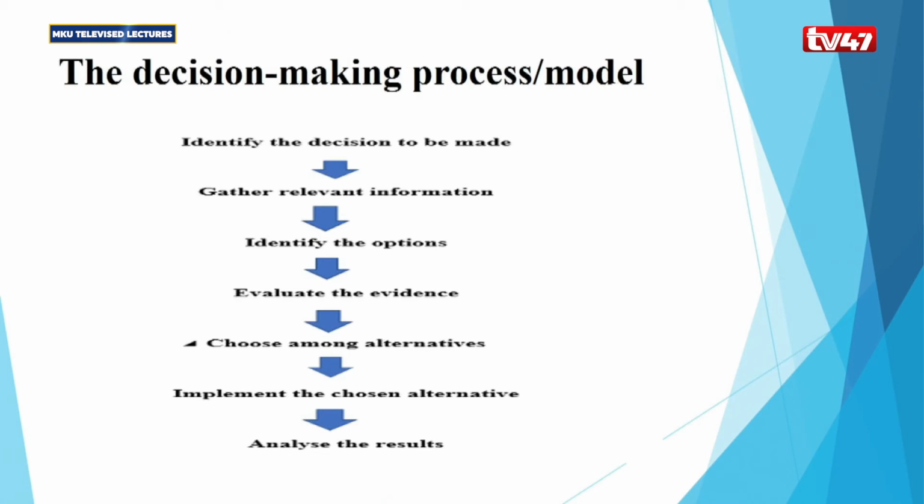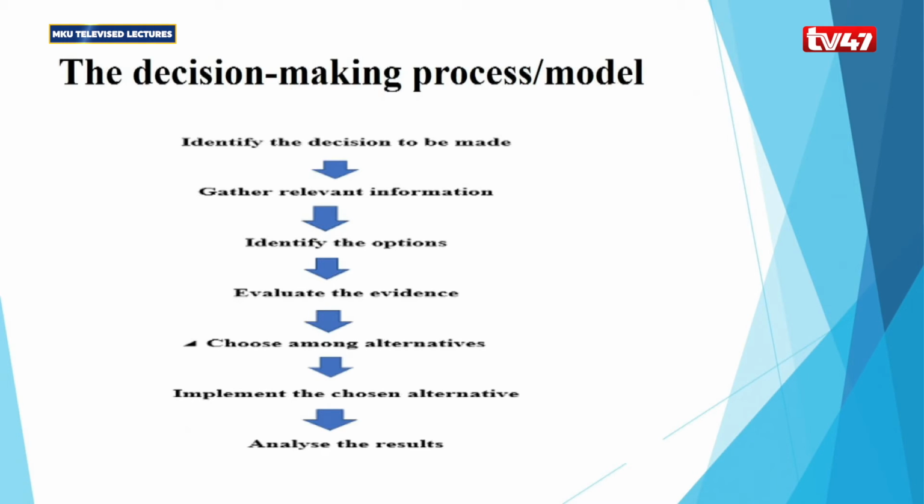So next we are going to look at the decision making process/model. It has various steps. We start with step 1, where we identify the decision to be made. Step 2, we gather relevant information. Step 3, we identify the options.